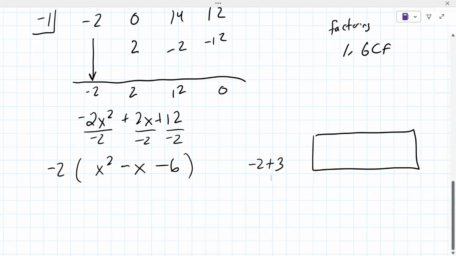Okay, so is there another set of numbers that work? You're really close, it's 1, you just want -1. How can you get -1 out of those two numbers? -3 plus 2. There you go. So tell me what goes inside the parentheses now. It'd be x minus 3 and x plus 2.